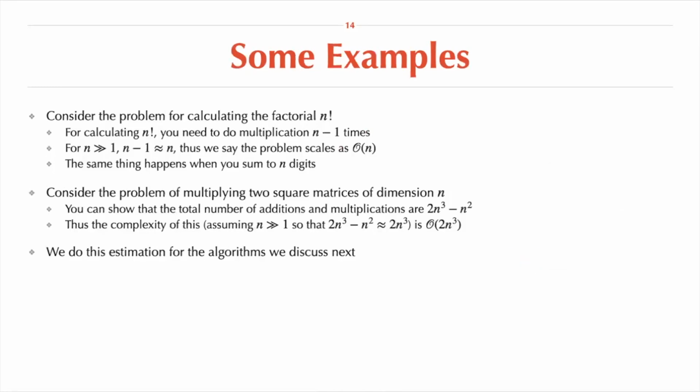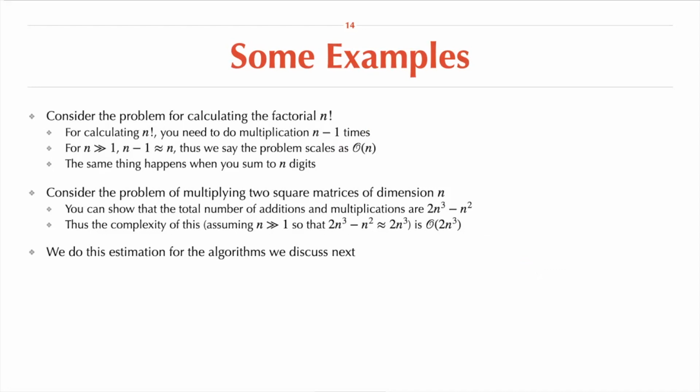Let me give you some examples of the order of magnitude of the number of computations, or the flops. For example, when you calculate a factorial, you multiply. Let's say you have 3 factorial. What will you do? You will do 1 cross 2 cross 3.